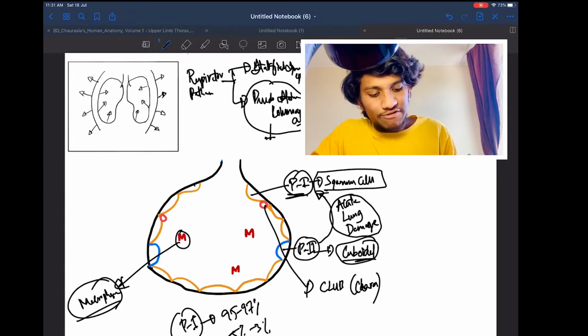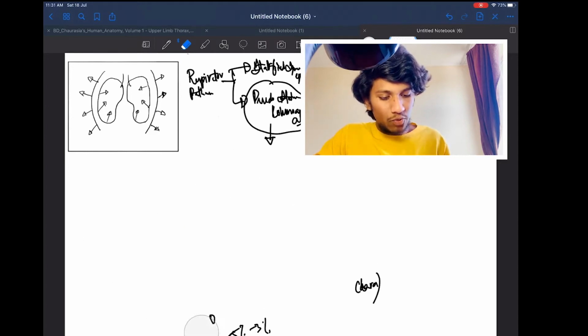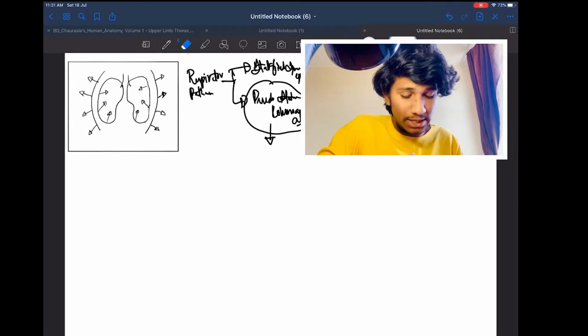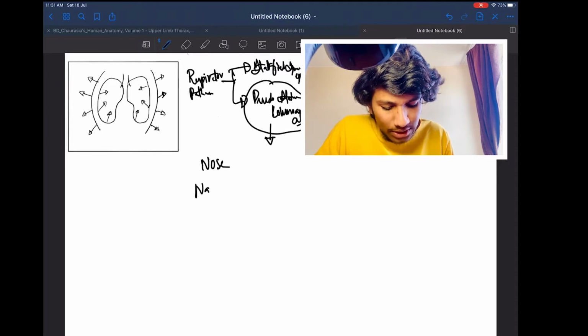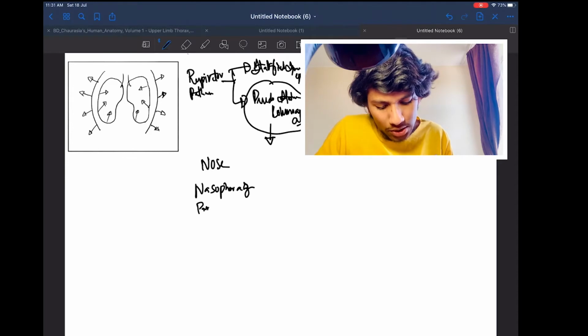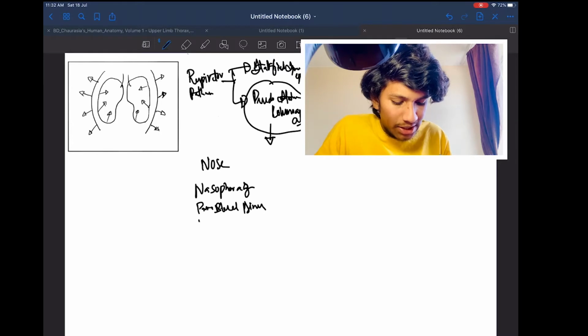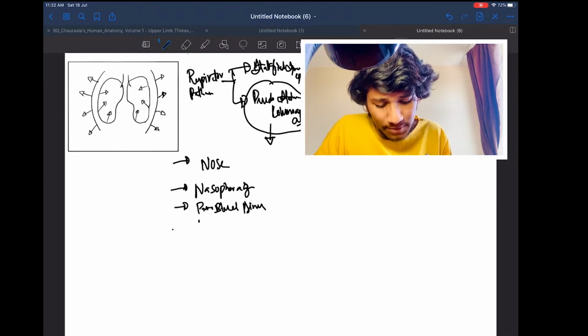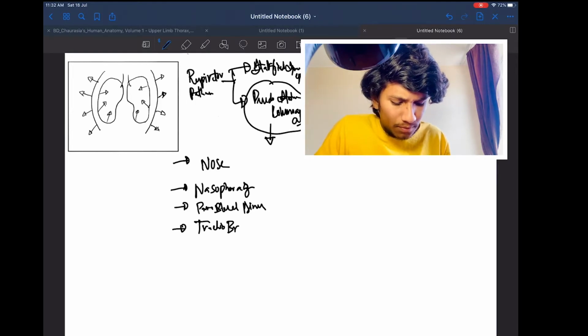So this pseudo-stratified columnar cells need to be focused in a big way. The pseudo-stratified columnar cells are lining the nose, nasopharynx, and also paranasal sinuses, and also we have tracheobronchial tree.